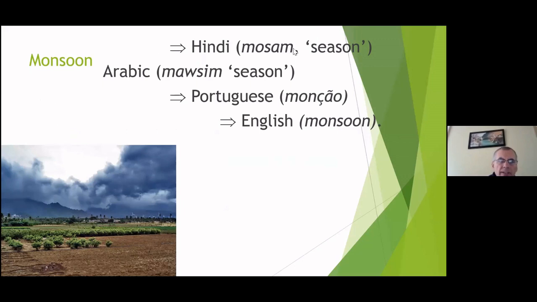However, the connection is not with Hindi here, but interestingly via Portuguese, monção. English received the word as monsoon, and it became the name of a peculiar season, the most distinctive season, in fact, of the Indian subcontinent, the monsoon season, the rainy season, as we would translate.